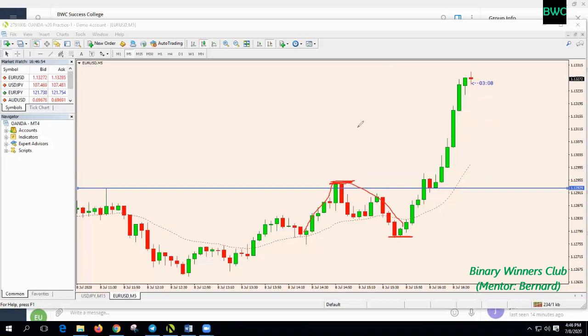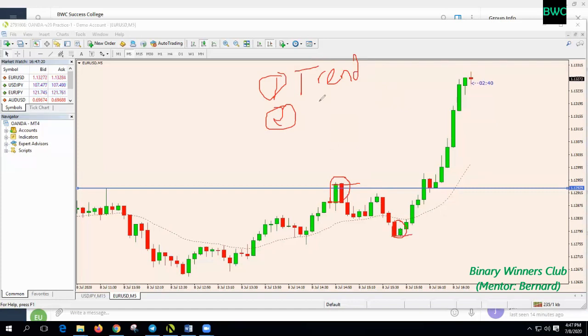So again, we are not identifying a signal yet. I'm just showing you the setup. So number one, you use the moving line to identify the trend. Number two, you identify a candlestick pattern, which I said is a 2-bar reversal pattern. So whenever you see a pattern like this or a pattern like this, you can draw your line above or you can draw your line below, depending on which one is which.